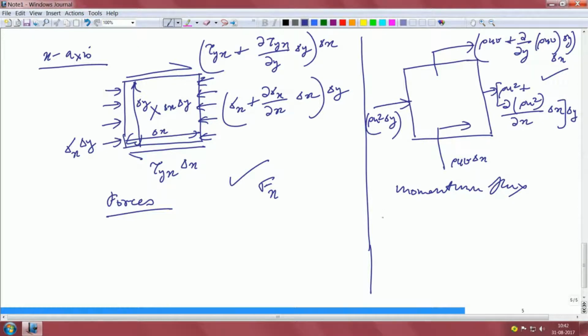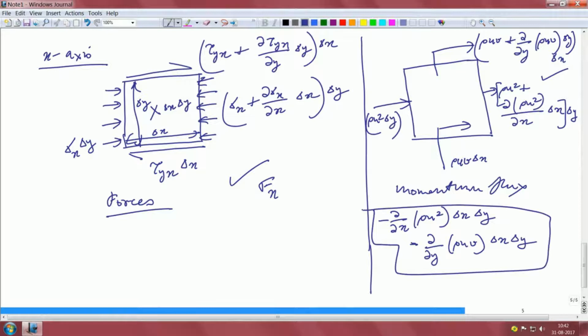So if you do that, what you will get is momentum in minus momentum out.